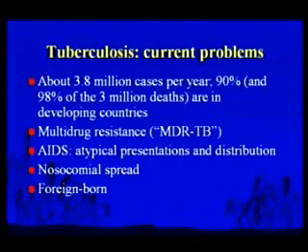Issues today include multiple drug resistance, and this has become a rampant problem in certain populations, particularly sub-Saharan Africa, and in this country, in homeless people and HIV-infected people. In AIDS patients, the presentations are often atypical.